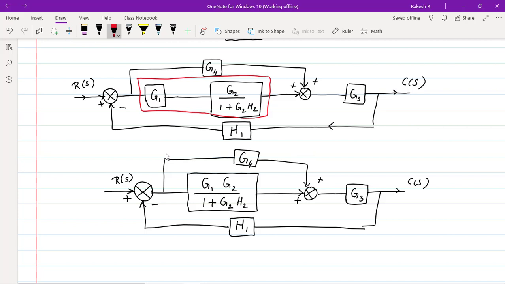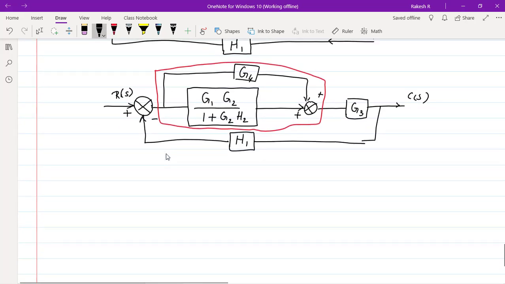When we call the blocks parallel, we have one takeoff point and one summing point, right? That means the signal will pass through these two blocks here, right? So check out these two blocks. These two blocks are now in parallel here.